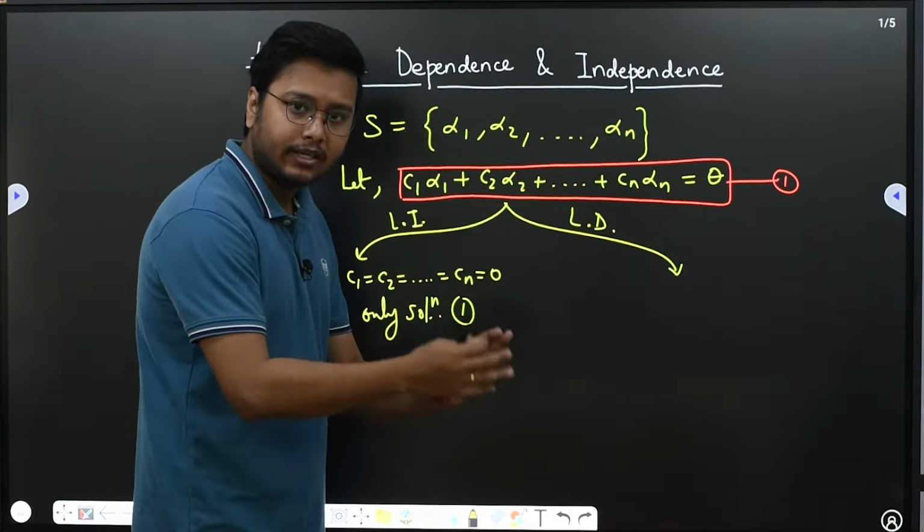Similarly, if I take the y coordinates, I will have C1 plus 2C2 plus C3 equals 0, and another one if I take the z coordinates, C1 plus 2C2 plus C3 equals 0. So these are the three equations I'm getting from this.